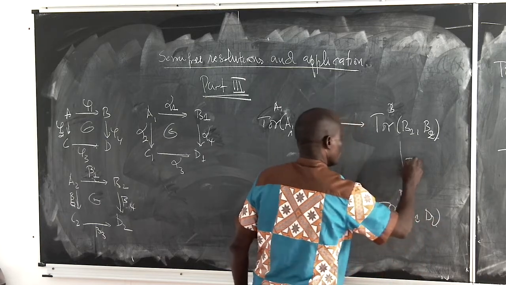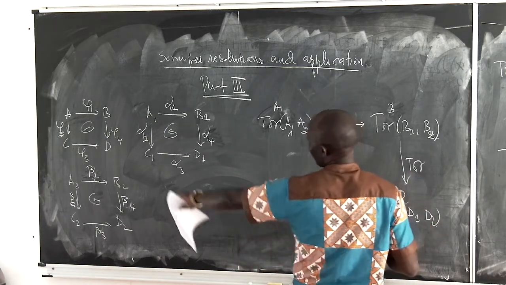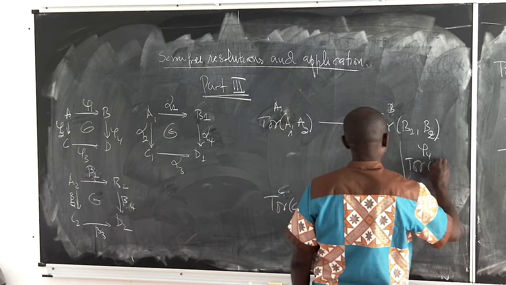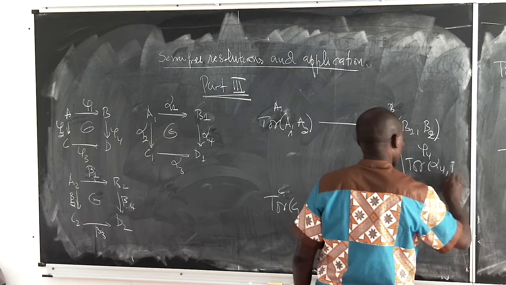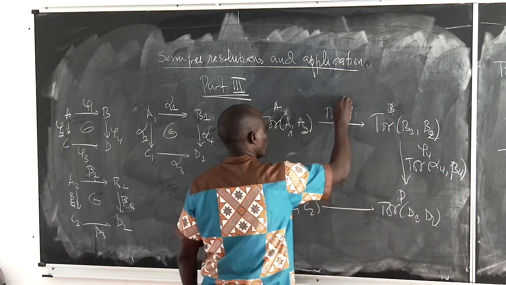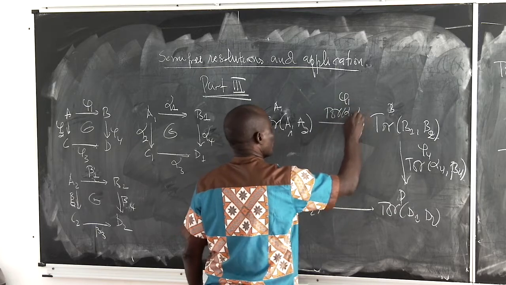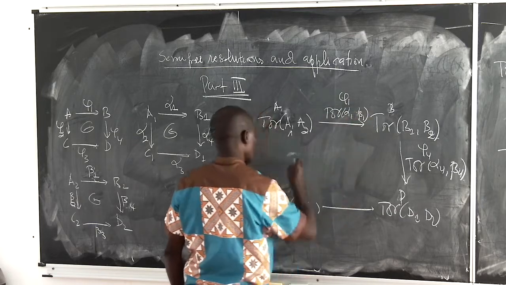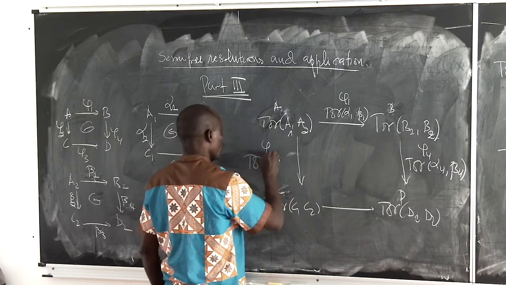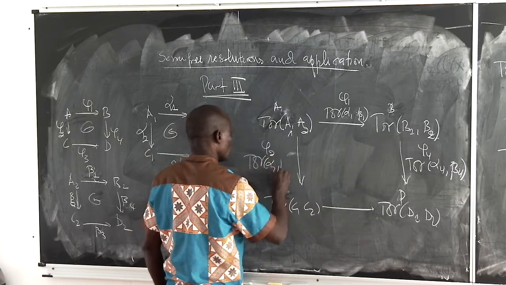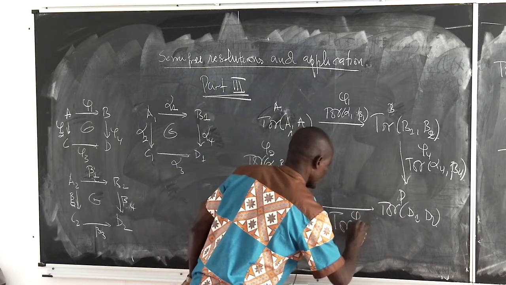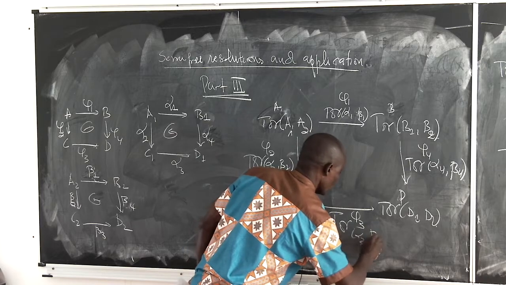Here we have the maps Tor of phi 4, alpha 4, beta 4, Tor of phi 1, alpha 1, beta 1, and then you have here the Tor of phi 2, alpha 2, beta 2, Tor of phi 3, alpha 3, beta 3.